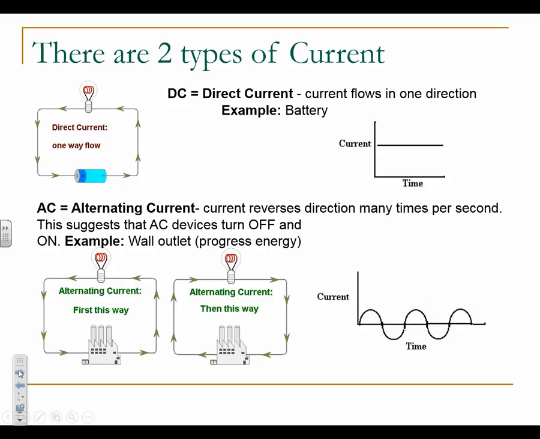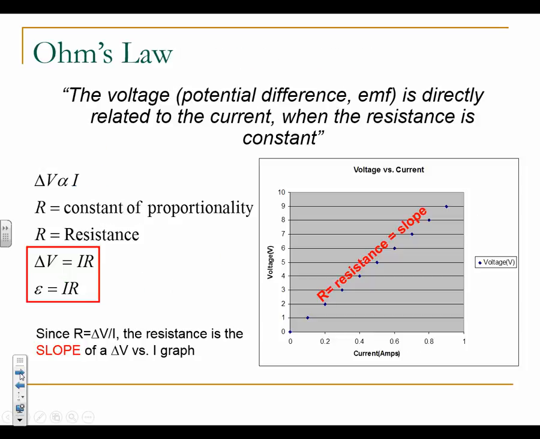This is what happens when you have something plugged into the wall. So it suggests that AC devices turn off and on and off and on. So that's why the prong of your outlet is so important, because really the electricity comes in one way and then it also comes in the other. So it alternates as time goes by.